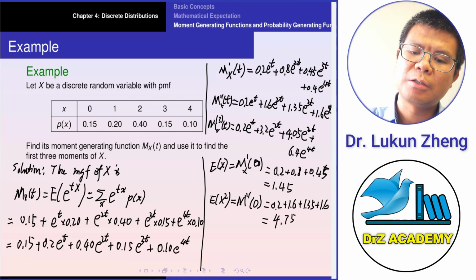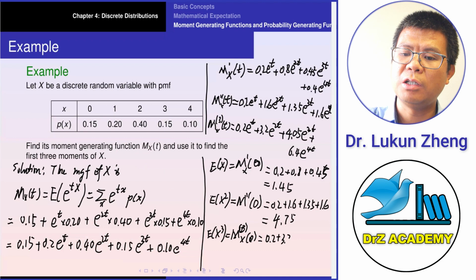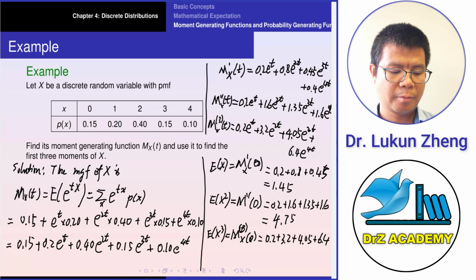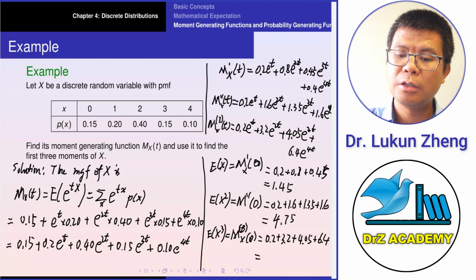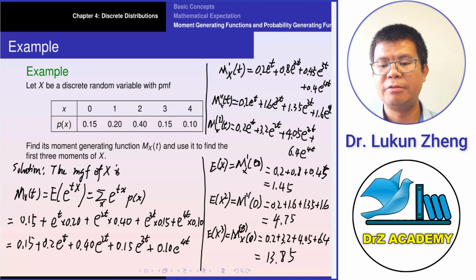And finally, the expectation of X cubed equals the third derivative at 0, which is 0.2 plus 3.2 plus 4.05 plus 6.4, which equals 13.85. So now let's consider these as the three moments.